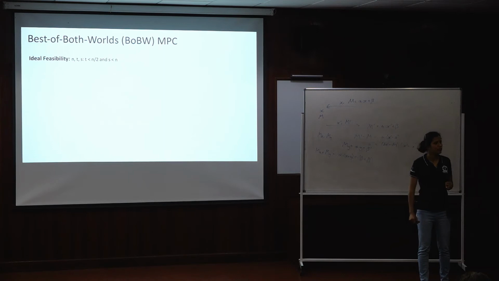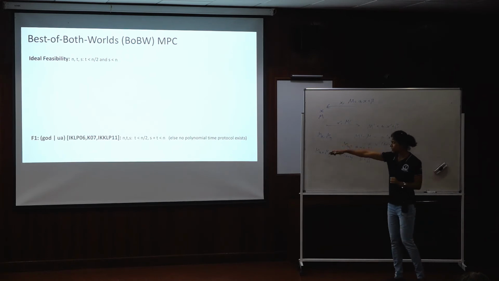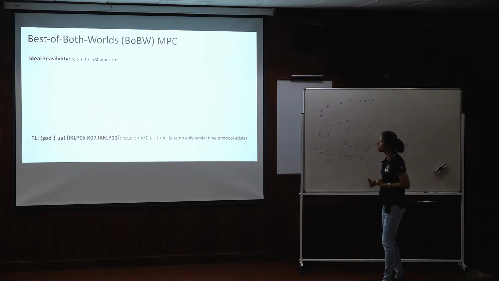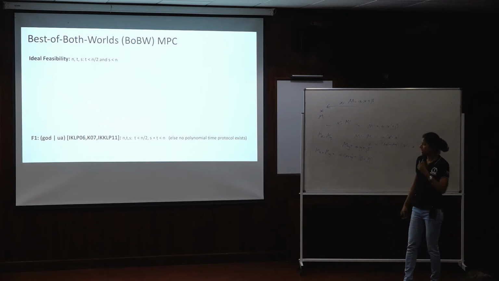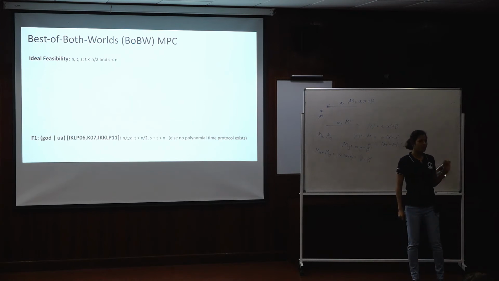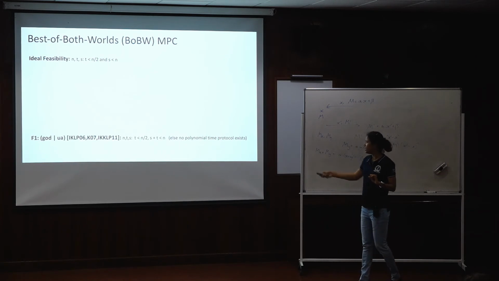That's the dishonest majority setting. But unfortunately, there is a negative result known from those papers, again Yuval, Yael and co-authors, and of course there is an independent work by Jonathan Katz as well. They show that if you want to achieve really the best of both worlds, that is guaranteed output delivery in the honest majority and unanimous abort in the dishonest majority, then this is the criterion that you have to satisfy.